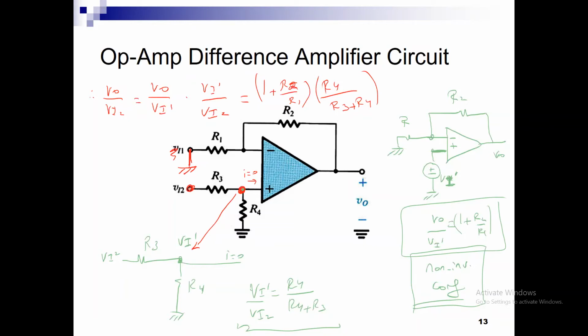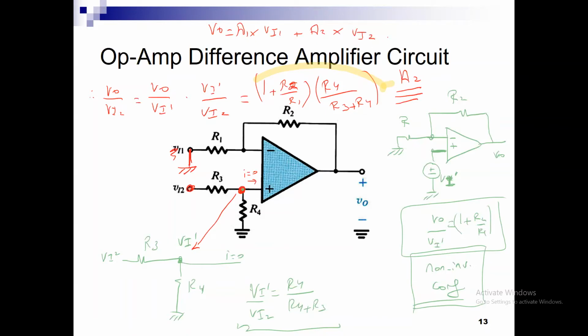It is all VO over VI2. Exactly, all of this is the A2 that I am looking for. Okay, so this is the gain A2, right? So now I can write my output as A1 times VI1 plus A2 times VI2.